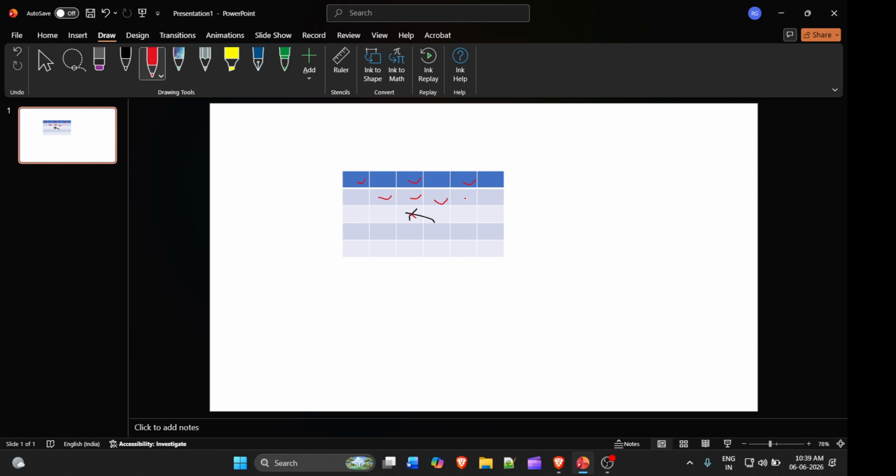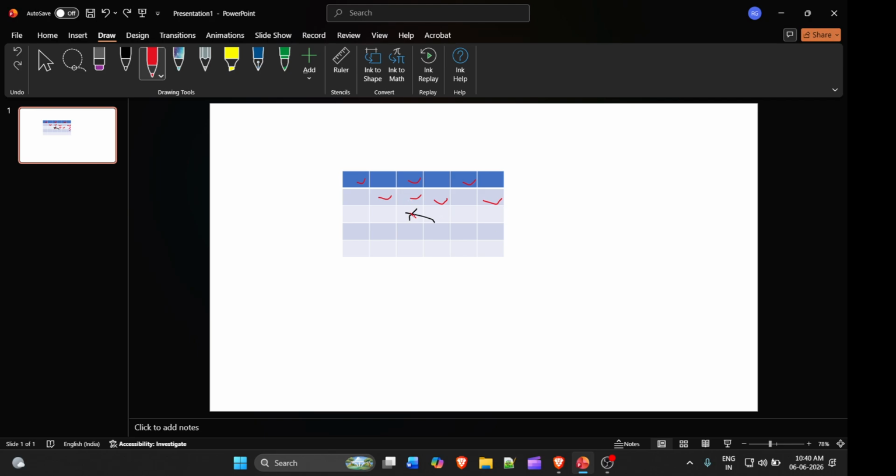I can't place in this direction because a black knight can traverse in an L shape, so it will also attack this cell. So I can place a white knight in this direction, in this direction, in this direction.